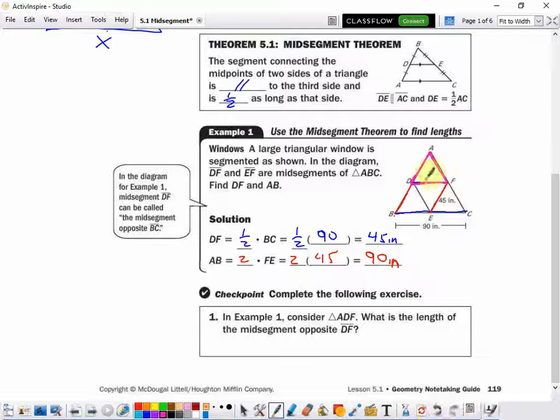So the mid-segment opposite DF would be right in here, cutting AD in half and AF in half. Now this length right here is 45. So this right here is half of 45. And that is 22.5 inches.